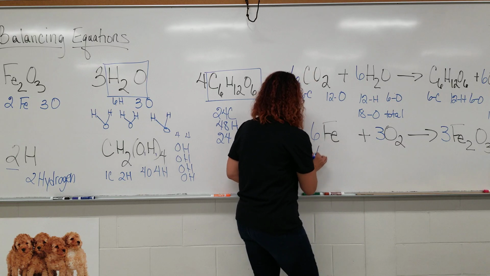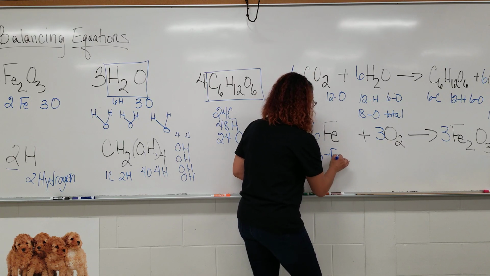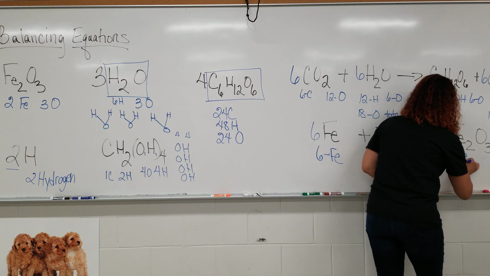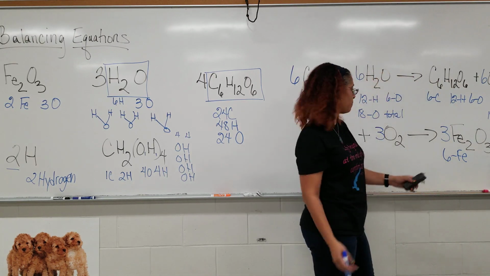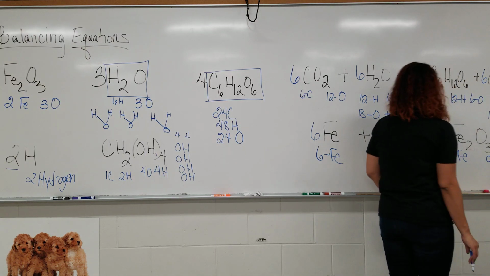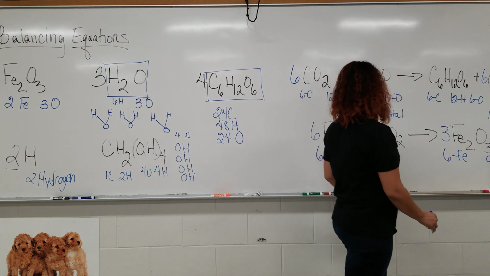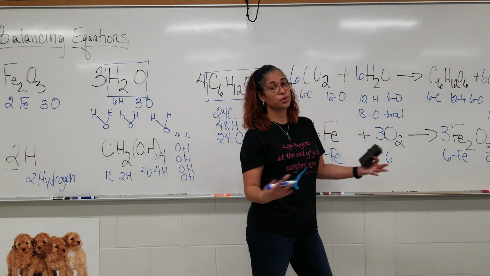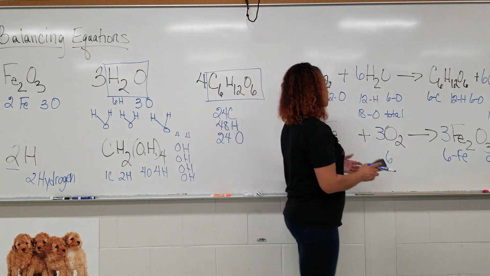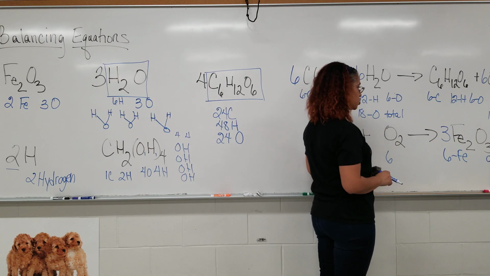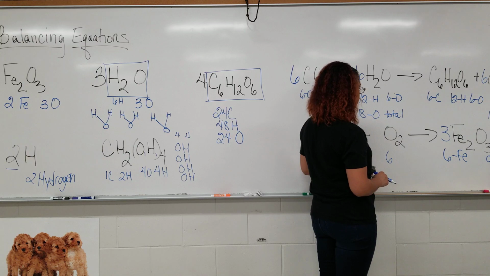So I have 6 iron here and 6 iron here. But now my oxygens are unbalanced because I have 3 times 3 is 9 oxygen here, but over here I only have 6. So my oxygens are unbalanced.